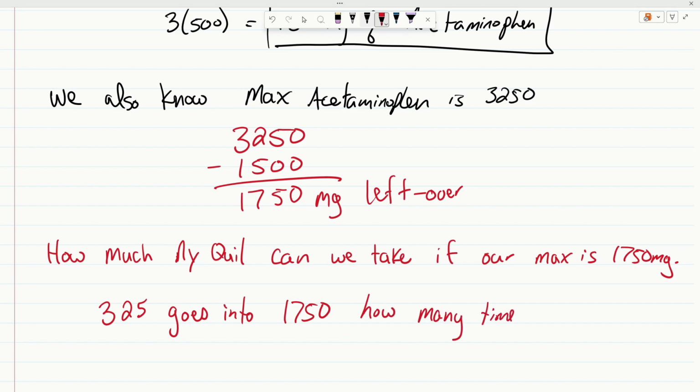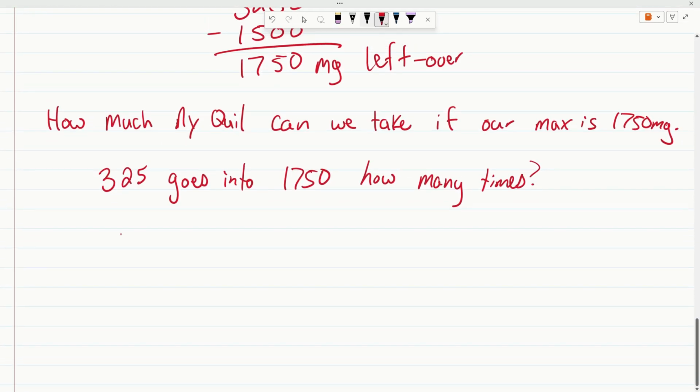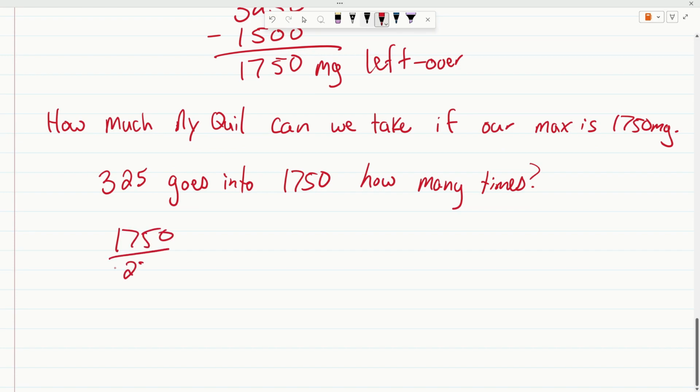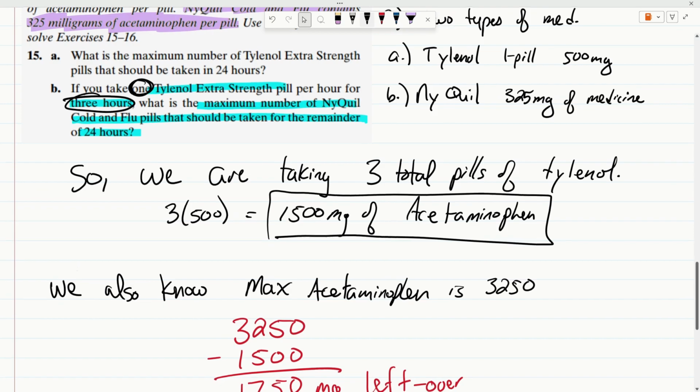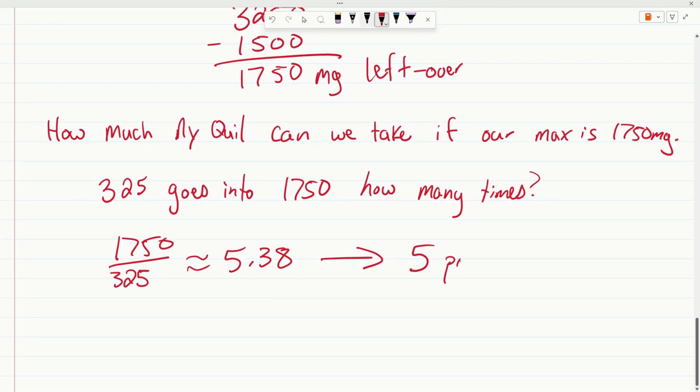So it's another division problem. It's just we have less to work with. So 1,750 divided by 325 is approximately 5.38. But you're not going to take 0.38 of NyQuil. So we're going to go ahead and take 5 pills. So we're going to take 5 pills of NyQuil.